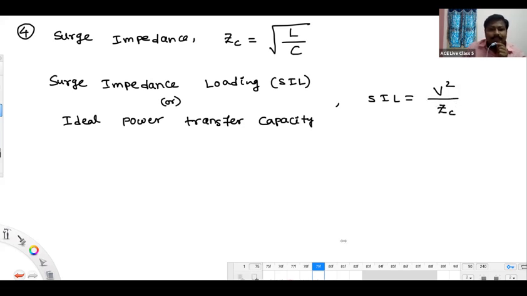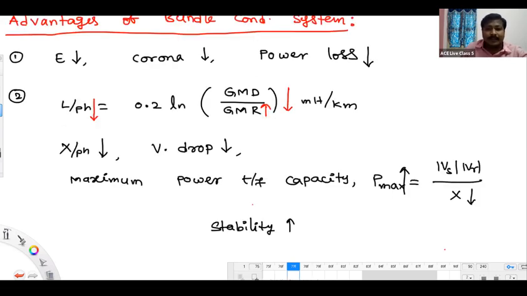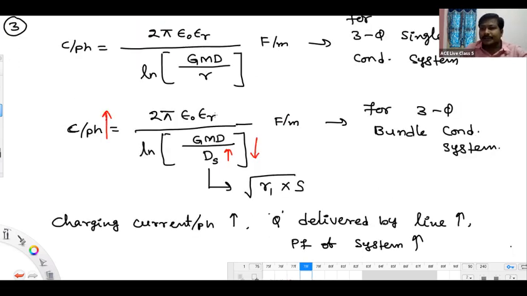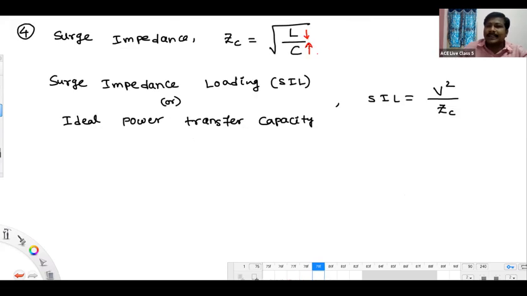Okay. Next thing, listen, please. See, actually, by using the bundle conductor system, we came to know that the inductance value decreased and the capacitance value increased. How in the sense? That's what we saw in the second and third advantages. After saying that L is decreasing, definitely ZC decreases.